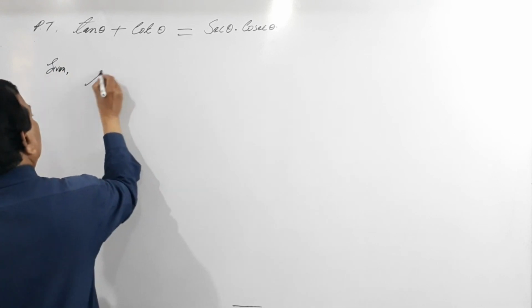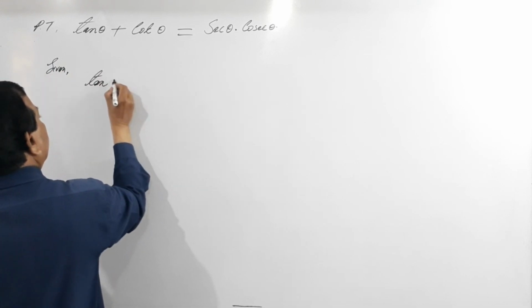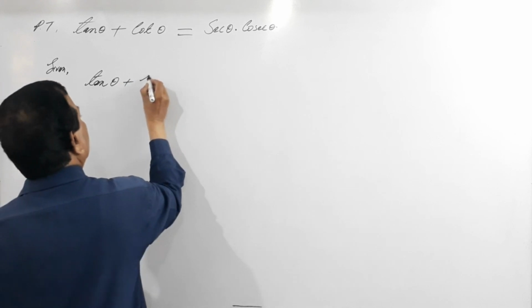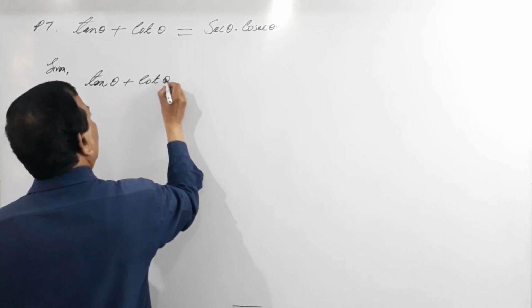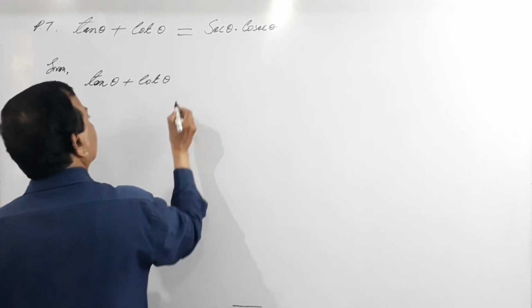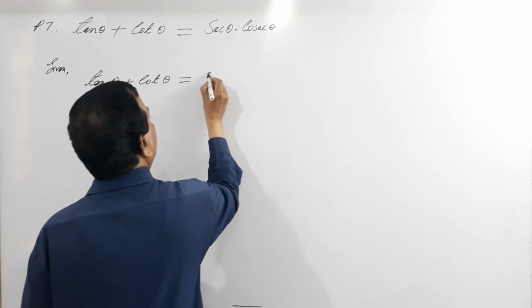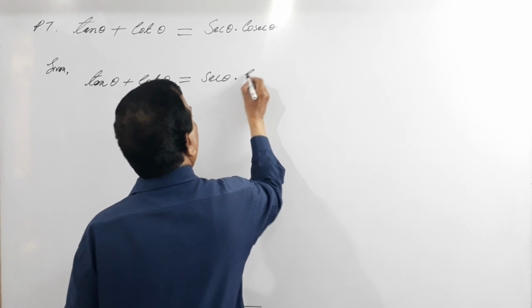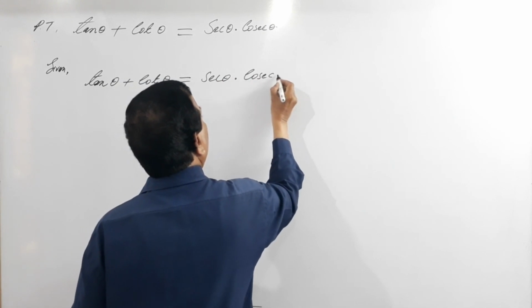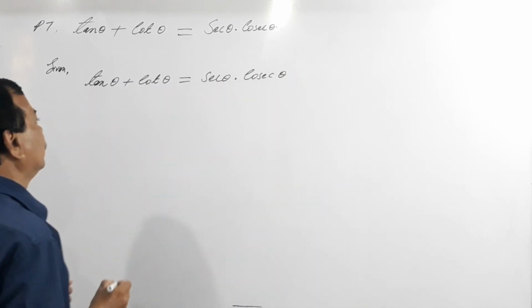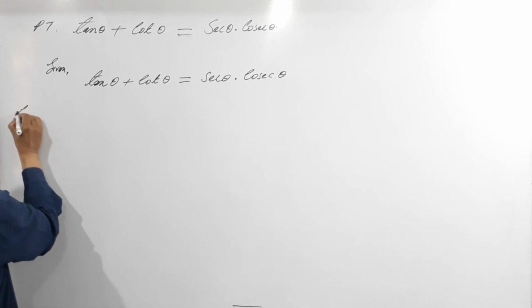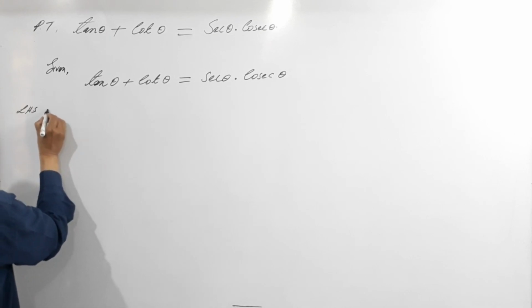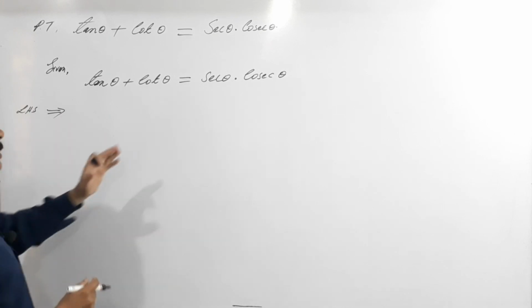Q1. tan theta plus cot theta. You have to show what? Secant theta into cosecant theta. So I take LHS, only LHS, right hand side I'll leave as it is.